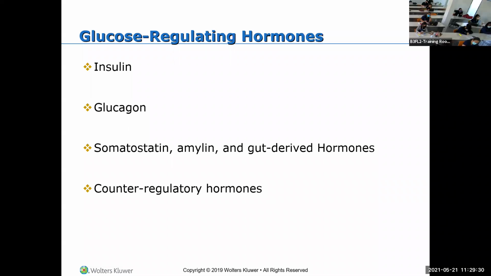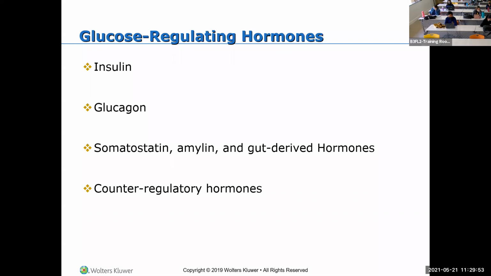We have growth hormone, and the ones I just said: epinephrine I mentioned, glucocorticoid I mentioned, growth hormone I mentioned. They fall under the counter-regulatory hormones.